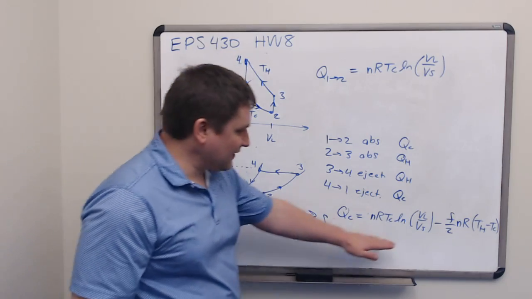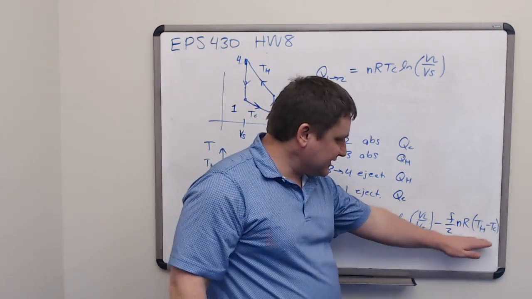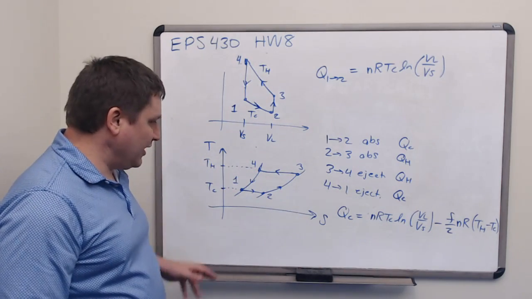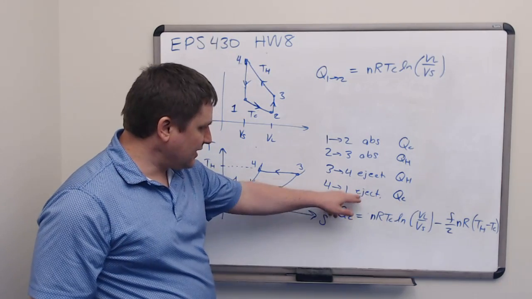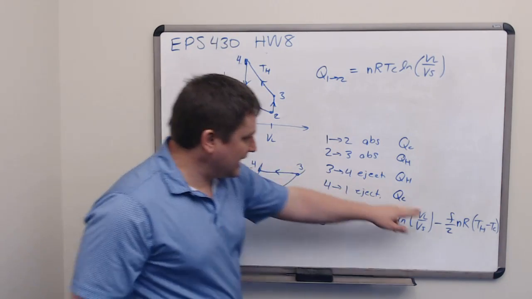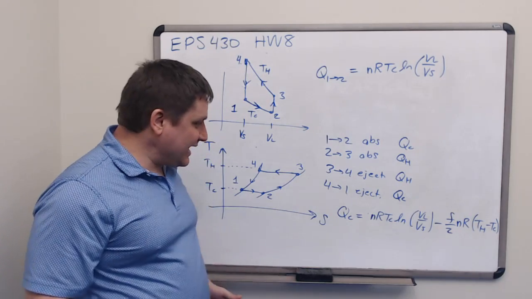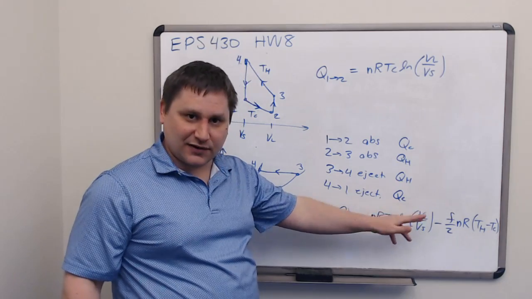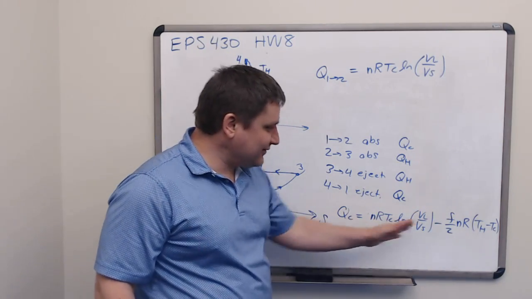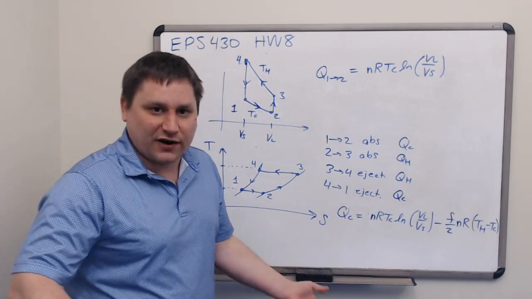Right? So this comes as a positive contribution from 1 to 2. This comes as a negative contribution from 4 to 1, because this one's coming from the absorption step here, and this term is coming from the ejection step here. So there's a possibility that if these volumes are not big enough or different enough, that this QC could end up not even being positive, and then it wouldn't work as a refrigerator.